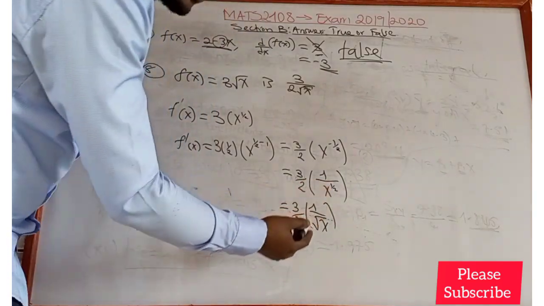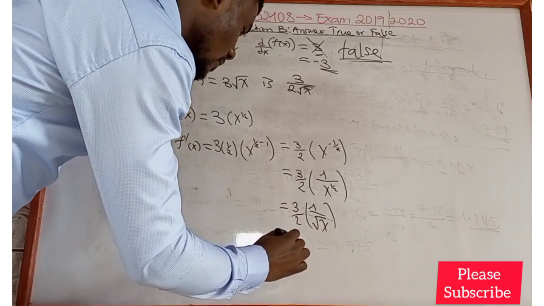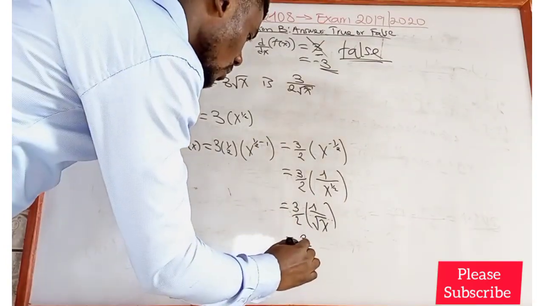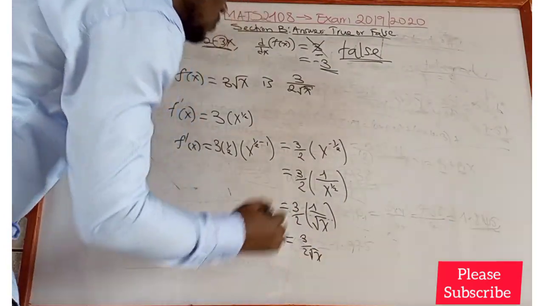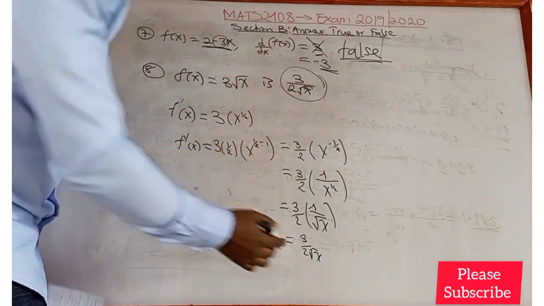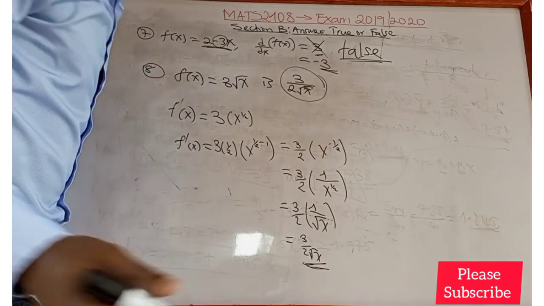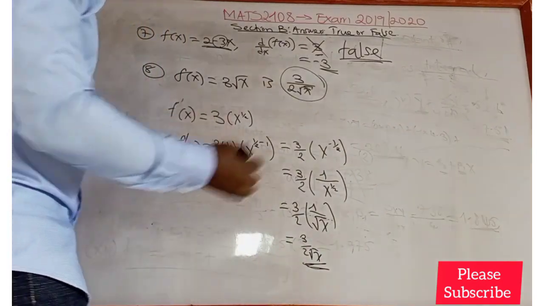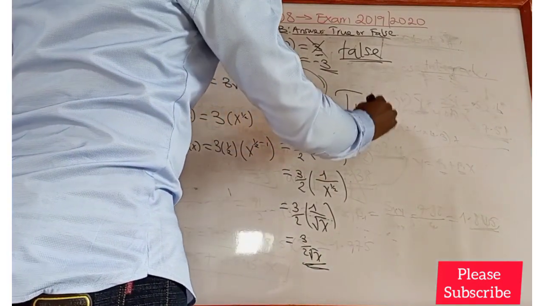Since the power half means square root, this gives us 3 on 2 root x, which is equal to what they gave us. So from this derivative, we can conclude that the statement is true. So question 8 is true.